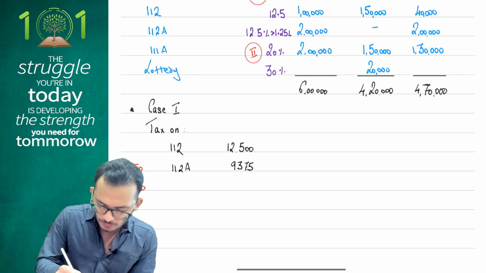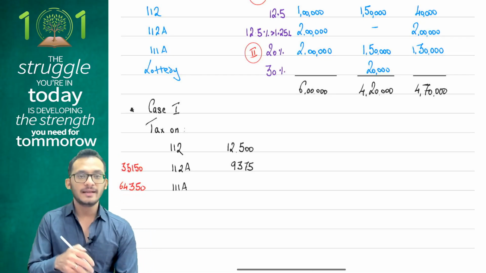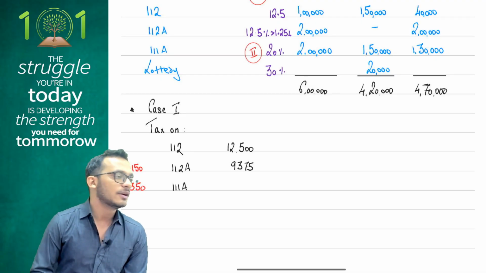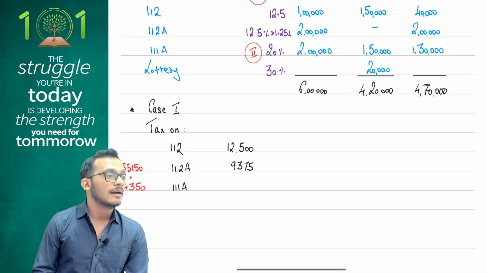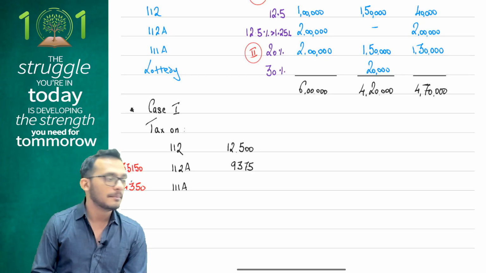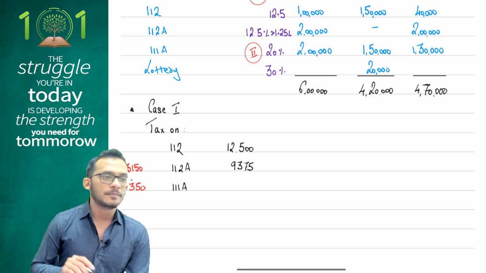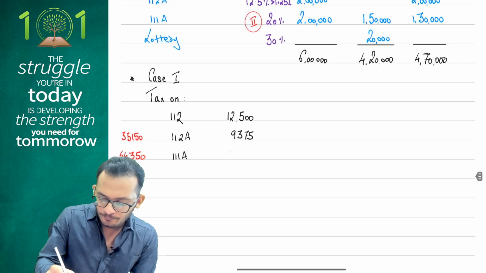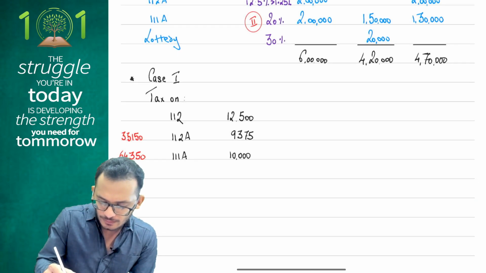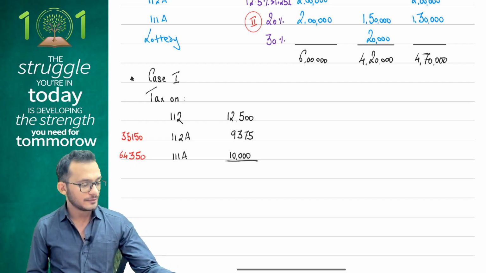But when it comes to 111A, I will say I'm sorry, my income itself is not 2 lakhs, because out of the 2 lakhs, 150 went off to slab, बचा हाथ में 50, 50 के ऊपर 20%, number is 10,000.